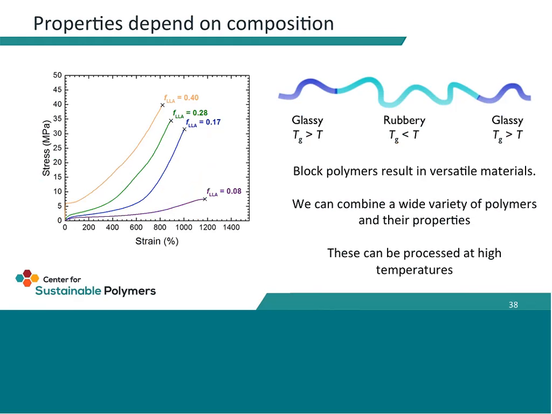With block polymers, not only can we look at elastomeric rubbery materials, we can look at a wide variety of properties by changing the composition of how much glassy material we impart and how much rubbery material we impart. So if you can see, if we have a higher fraction of polylactide in this block polymer system, we can't elongate the material as far in the orange curve, but we get a much higher stress at break.